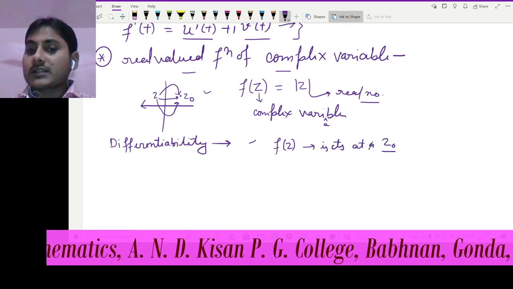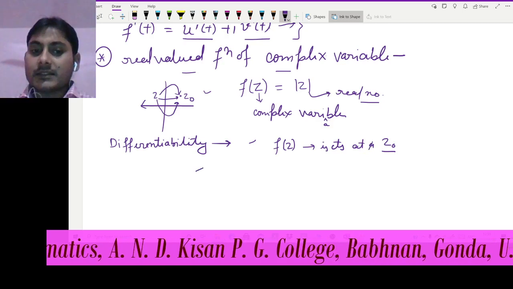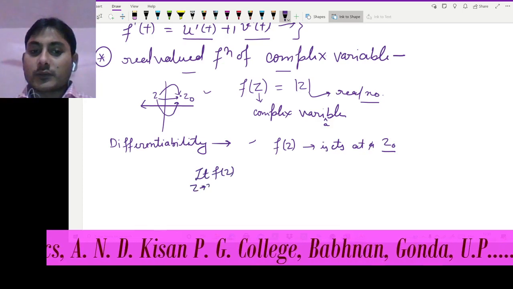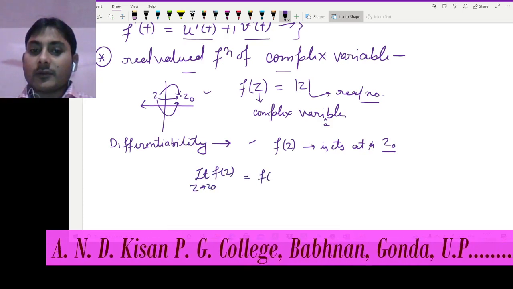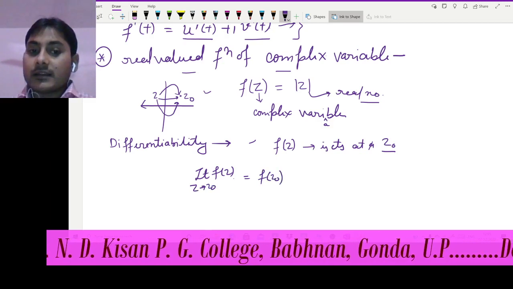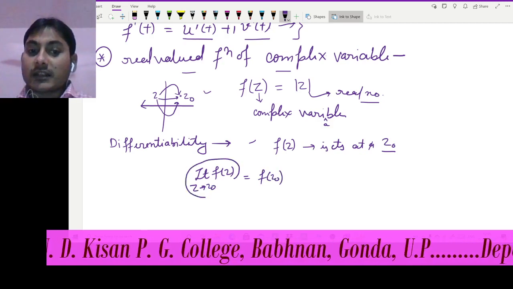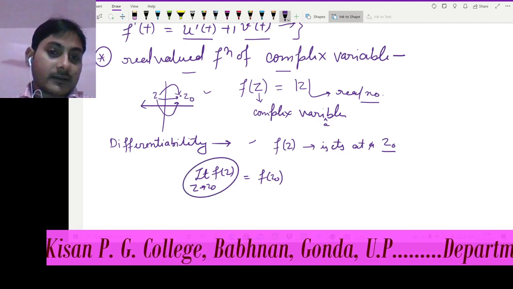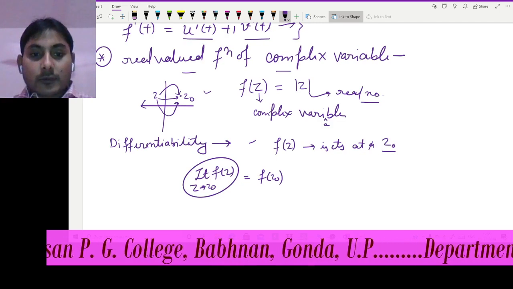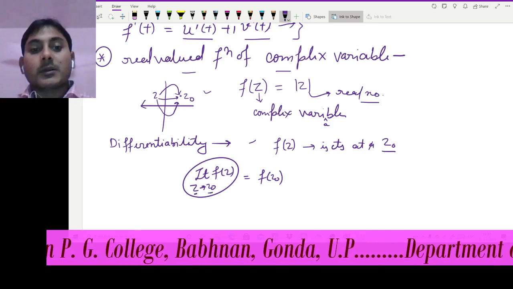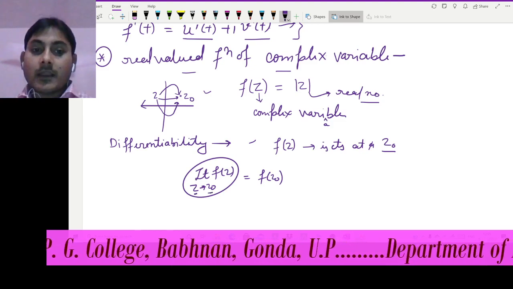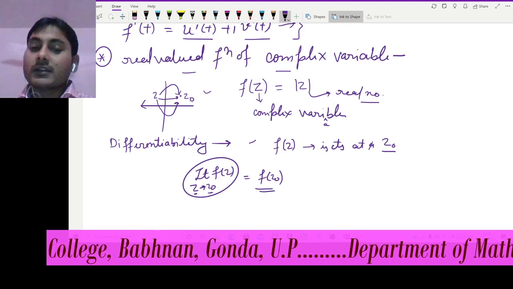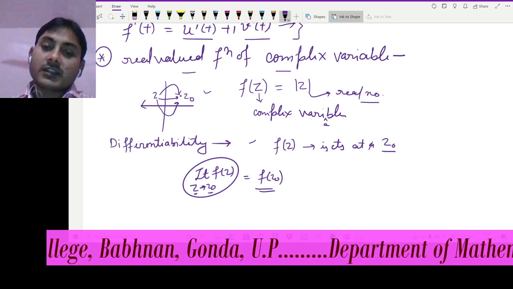Its simple meaning is limit of f of z as z approaches z0 is equal to f of z0. This is the limit I defined earlier. It means that z approaches z0 by different paths, and if you get the same value, equal to f of z0, then you say that this function is continuous.